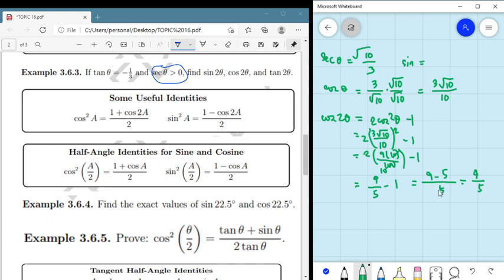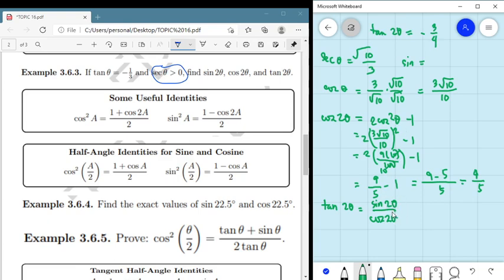Okay? And if we have to find sine 2 theta, that would be equal to tangent 2 theta times cosine 2 theta. Because ang tangent naa naman ta ganina, diba? Ang tangent 2 theta nato ganina kay negative 3 over 4.